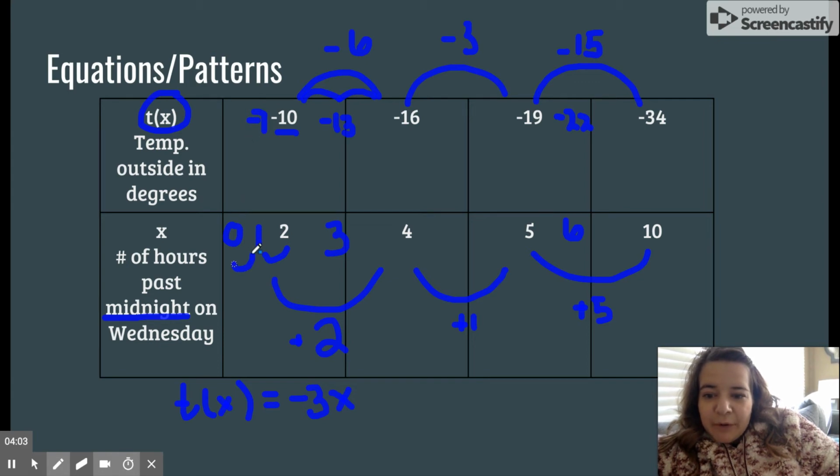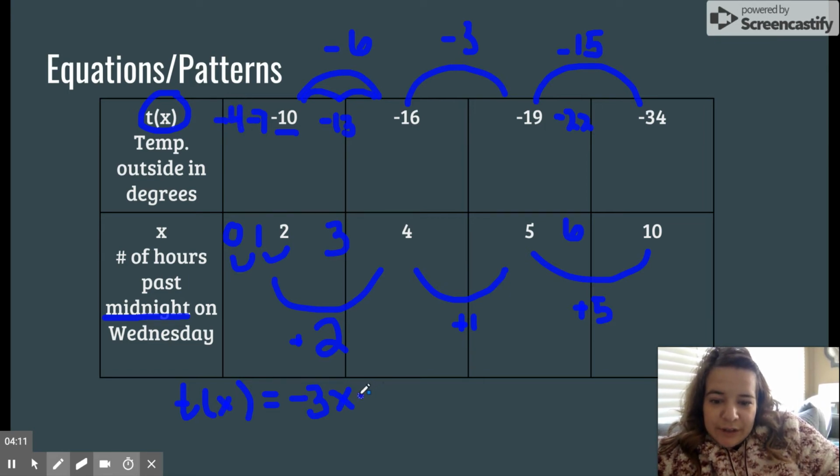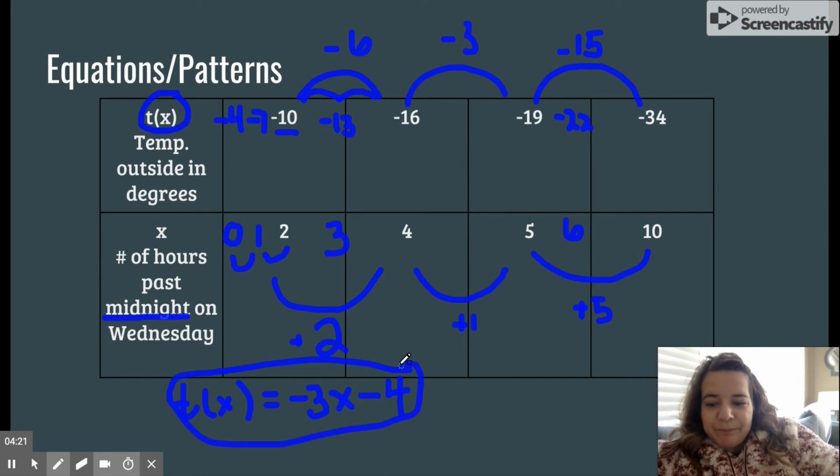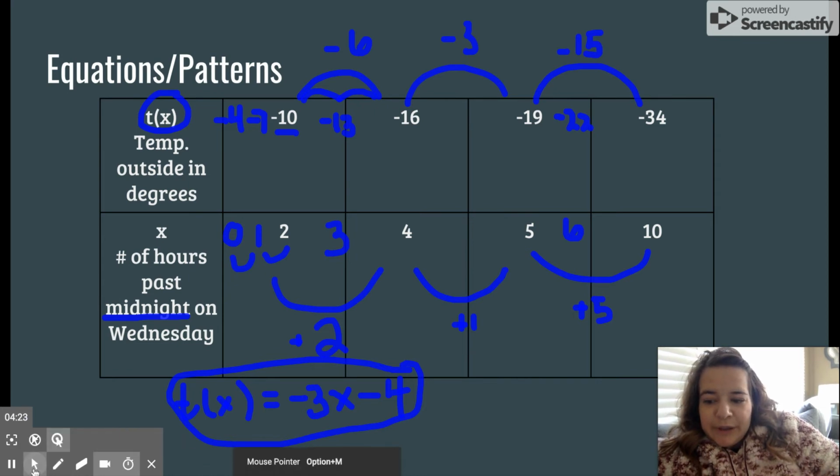And an hour before that, it would have been negative 4 degrees, 3 degrees warmer than that. So still sticking with that change of 3, in our equation it would be minus 4. So our equation for this would be T of X equals negative 3x minus 4. Okay, so we're going to keep going here.